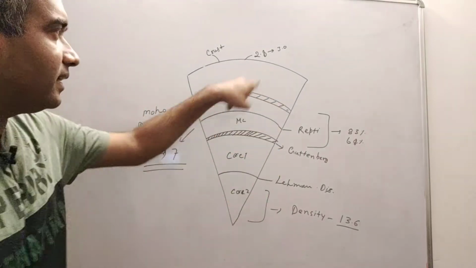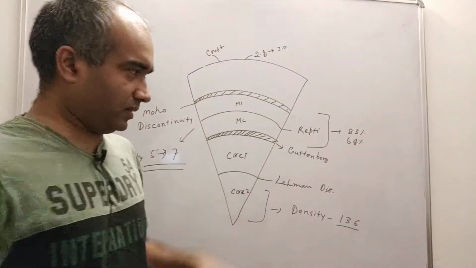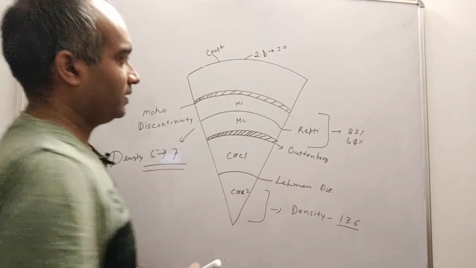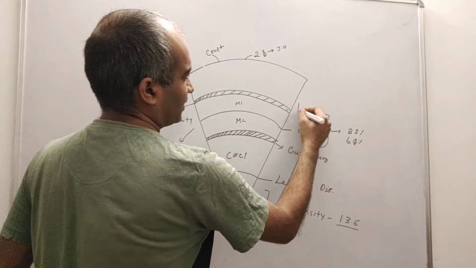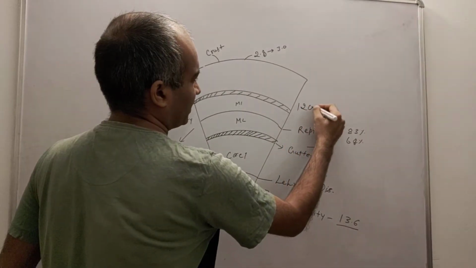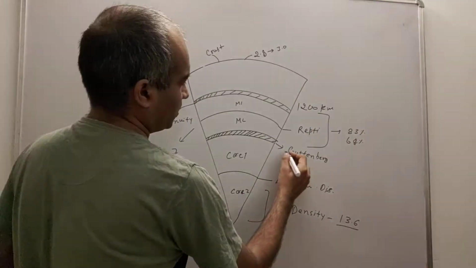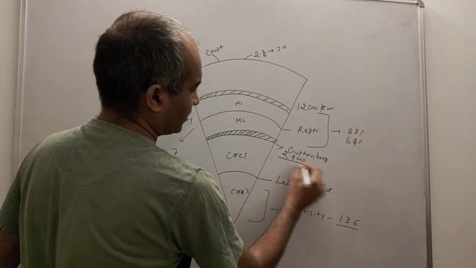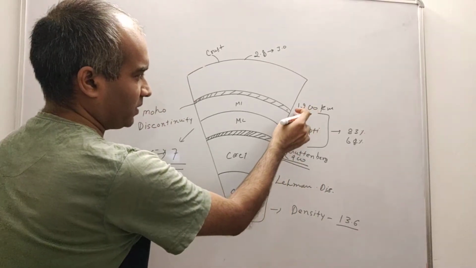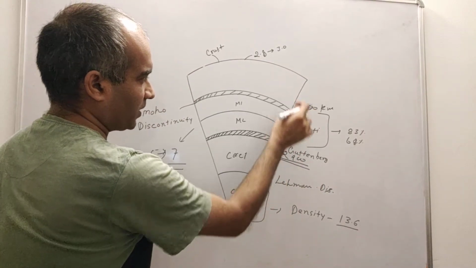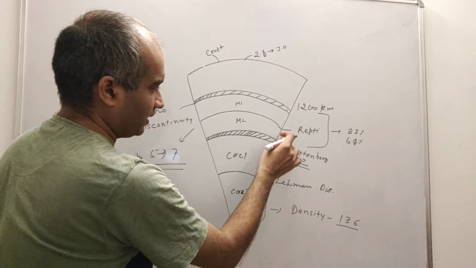This goes up till around 1000 to 1200 kilometers, and until 2900 kilometers, this is between the crust and the mantle, and there is the core.